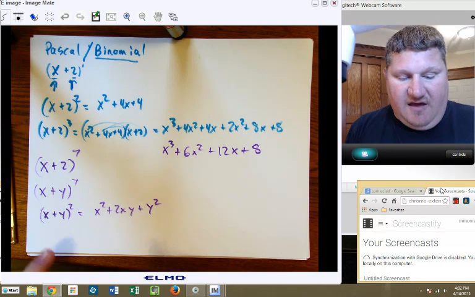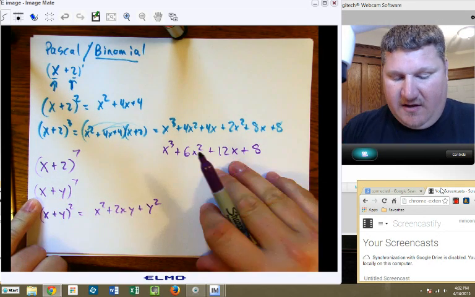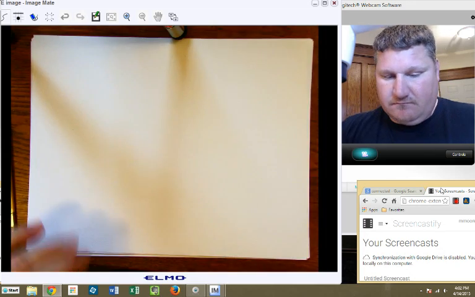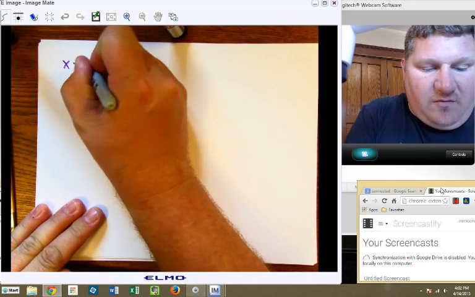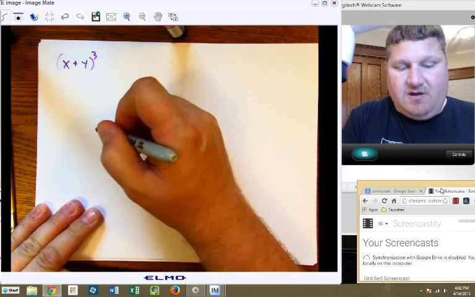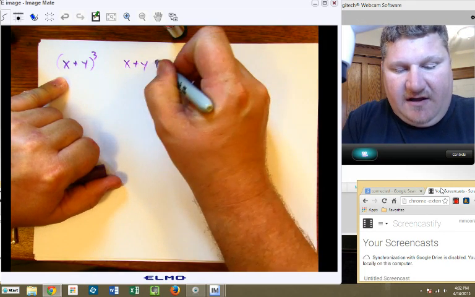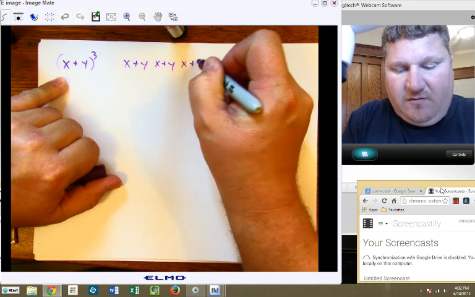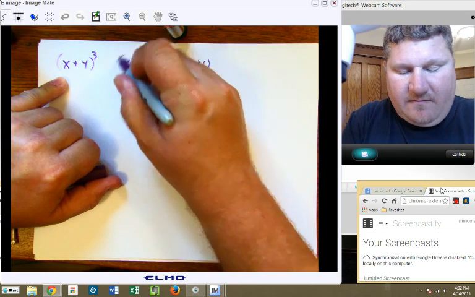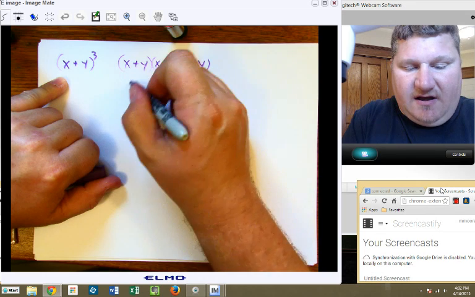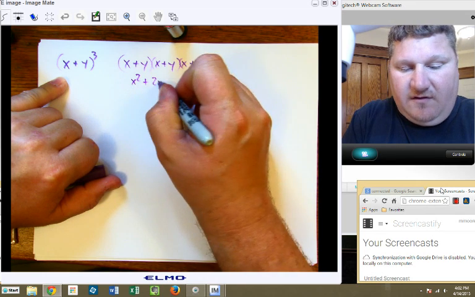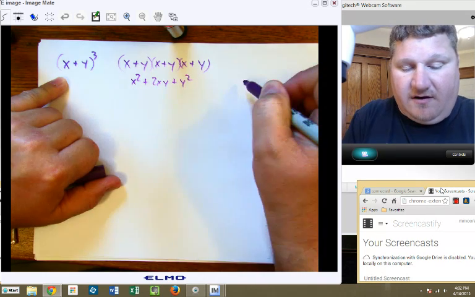Now, if I were to deal with x plus y cubed, well, in this case, we want to take x plus y, x plus y, x plus y. And I'm going to end up with x squared plus 2xy plus y squared.